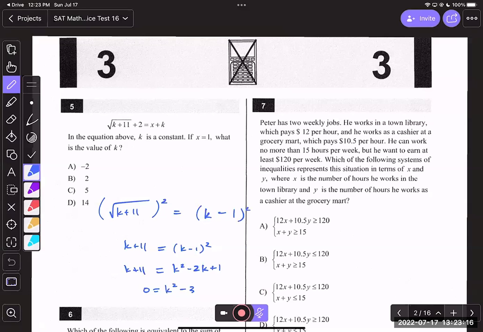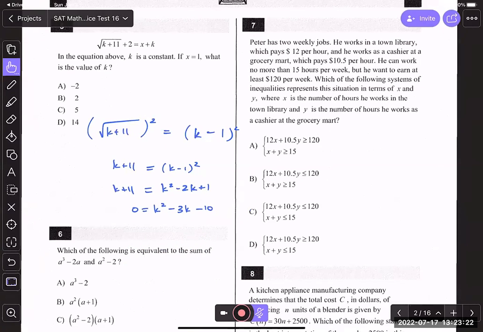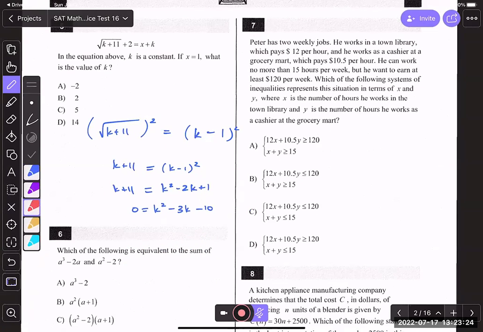Yeah. So that's equal to 0 equals k squared minus 3k minus 10. And then you factor it. So it becomes 0 equals k minus 5 times k plus 2. That is right.